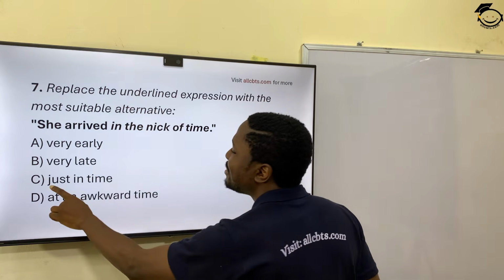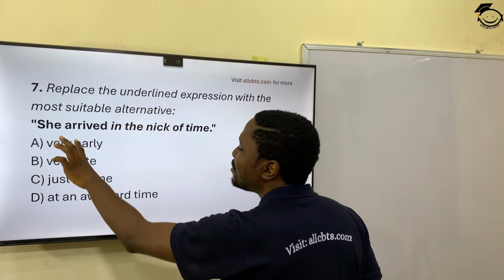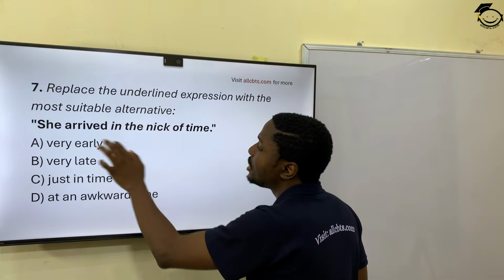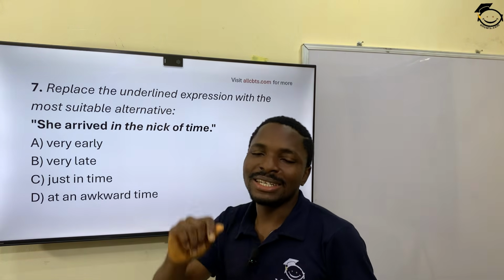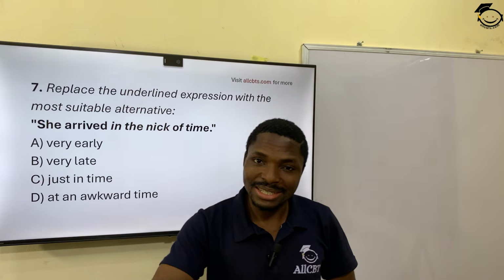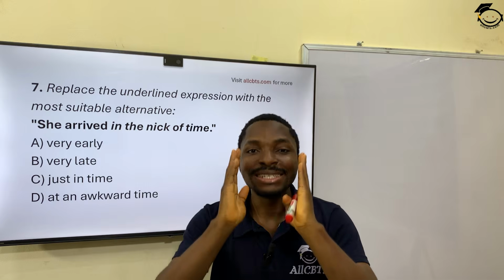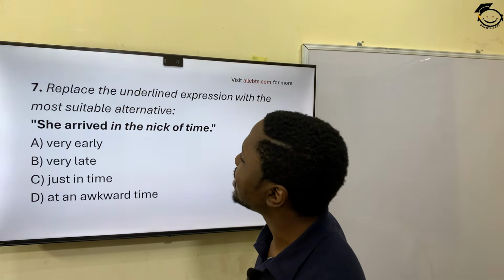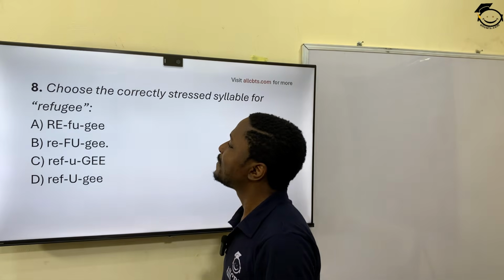So just in time is about the closest, or the most suitable from the 4 options to fit in here. So she arrived just in time. So in other words, she was neither early nor late. She came just at the right time, right? So did you get that? That's easy to understand.